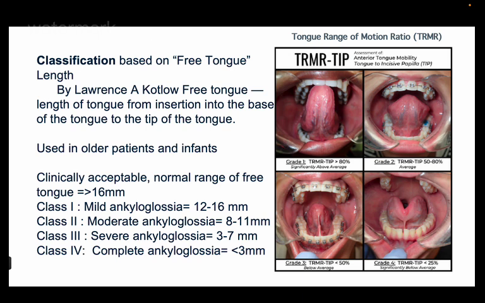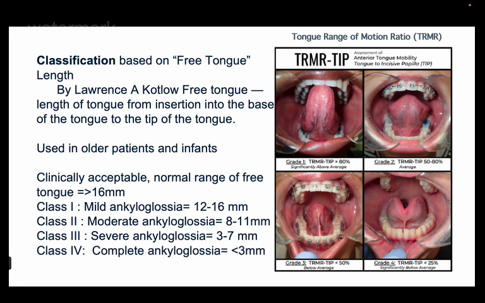So the attachment measurement basically tells you about the condition of ankyloglossia. The length from the gingiva to the tip of the tongue will be measured. If it is more, it is less ankyloglossia. If the length is less, the class of ankyloglossia becomes more.